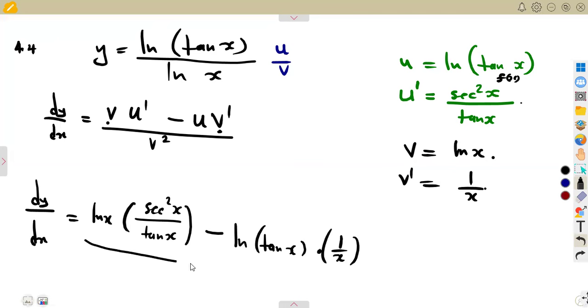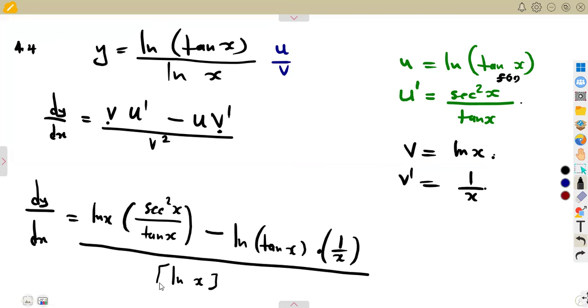Then everything that we are having here is over v squared, and the v is the ln of x. So this is the ln of x squared.